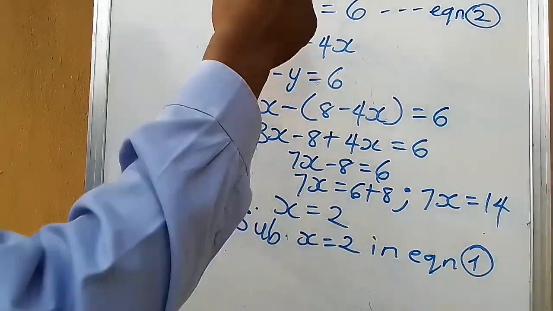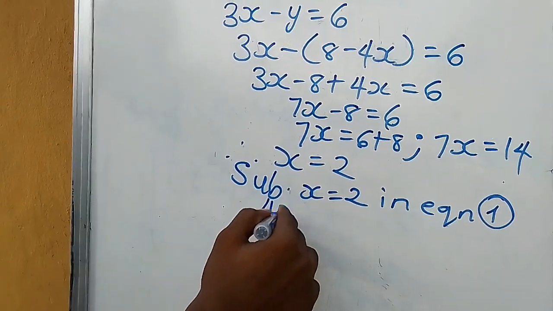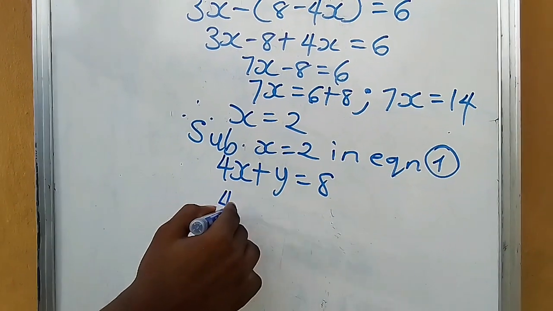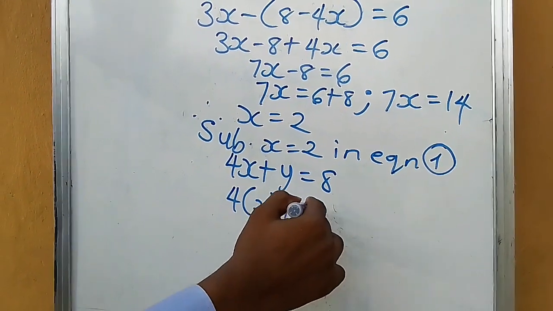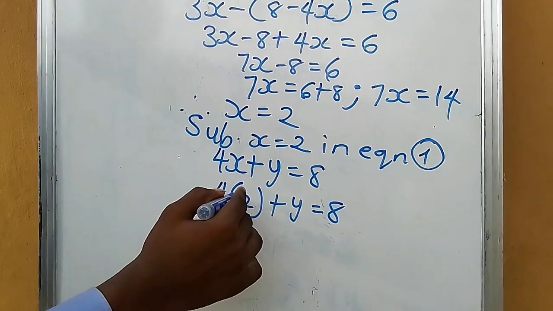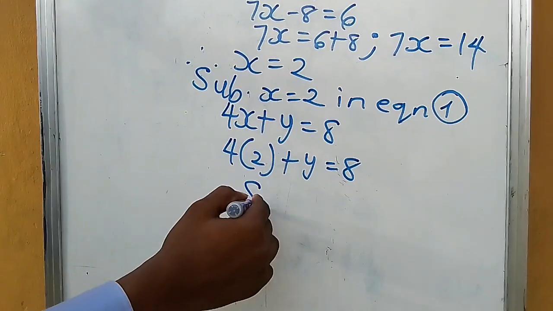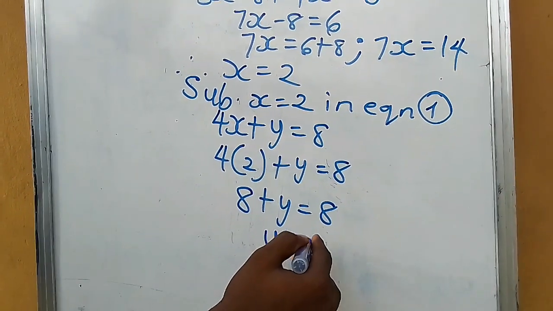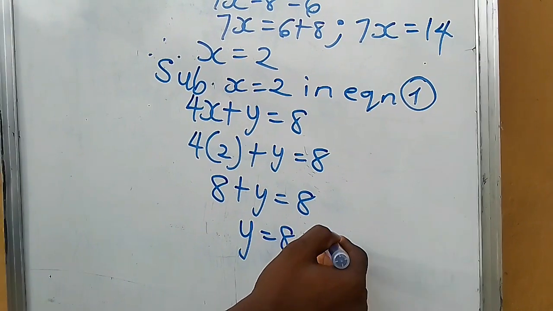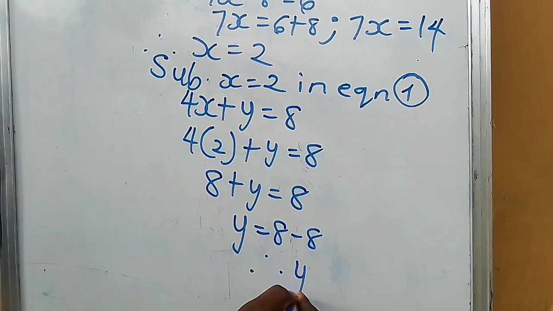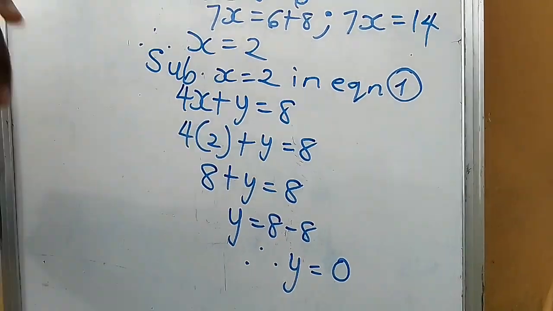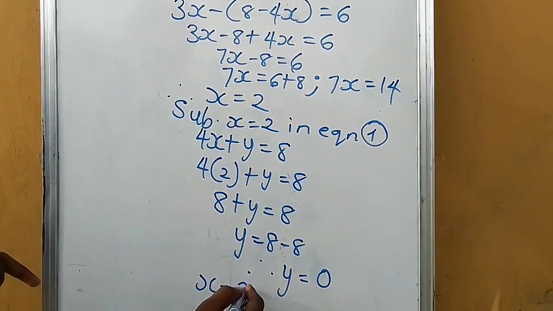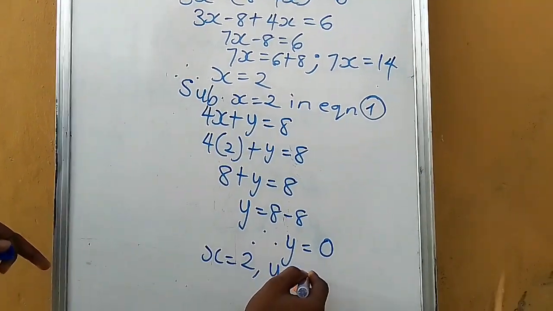So we substitute x equals 2 into the first equation, equation 1 here. So here we have 4x plus y equals 8, and we say x equals 2, so we say 4 bracket 2 plus y equals 8. So 4 times 2 here gives us 8 plus y equals 8. y equals 8 minus 8. Therefore, y equals 0. So we see that x is 2, y is 0.